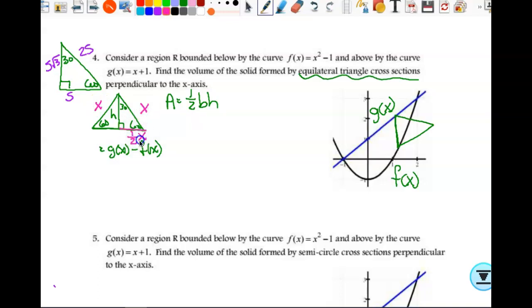Would you agree with that? Which means if this is my s, then the height has to be 1/2 x times the square root of 3, so the square root of 3 over 2 times x. So the area of the triangle is 1/2 times the base, which is x, times the height, which is the square root of 3 over 2 times x.